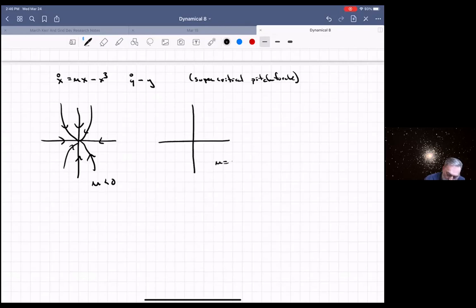For mu equals 0, that's still true, but these arms get very flat this way.